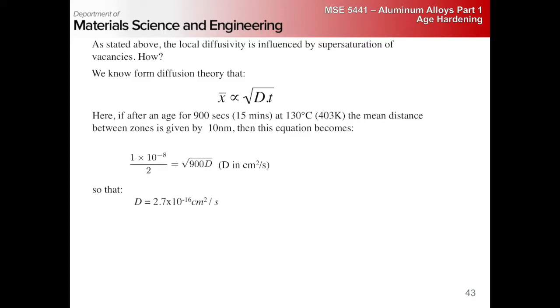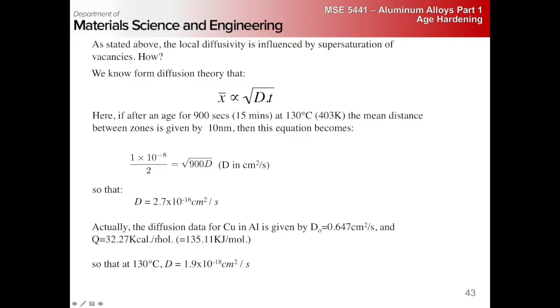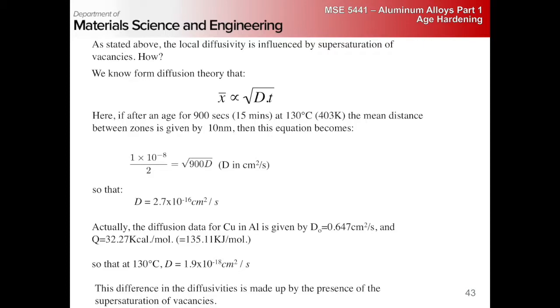Okay. So the last thing on Wednesday was a quick calculation that showed if we estimate the diffusivity from looking at the distances between GP zones, we end up with a diffusivity that's around 10 to the minus 16 centimeters squared per second.